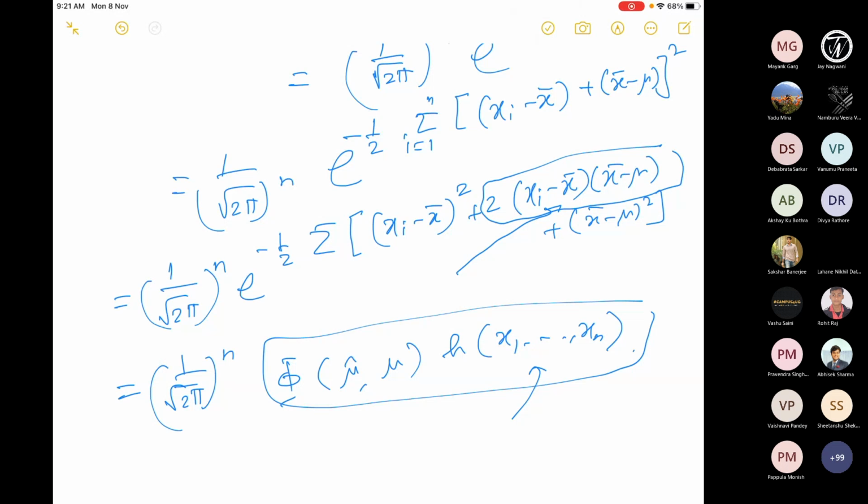Should I give it as homework? Just one more step, that's it. One more trick will do this. How do I do it? Anybody, any idea? Mu is a parameter which is not known to me.